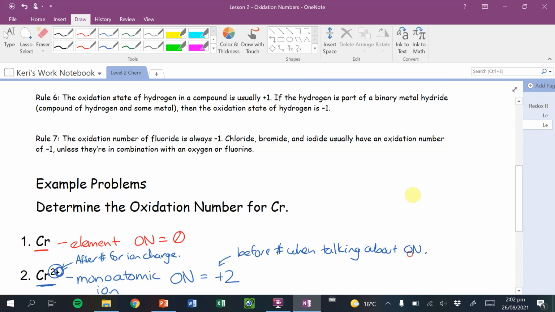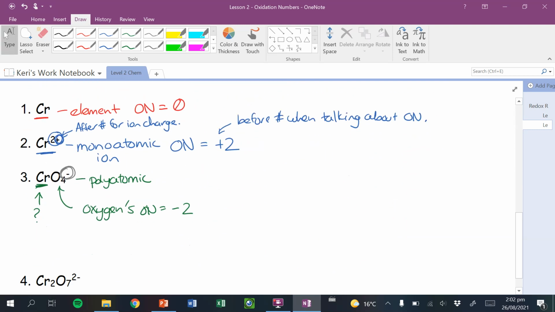So let me show you what I mean by that. We will set this up as an algebraic equation. I have 1 chromium atom plus 4 oxygens, and together they're going to form the polyatomic CrO4-.